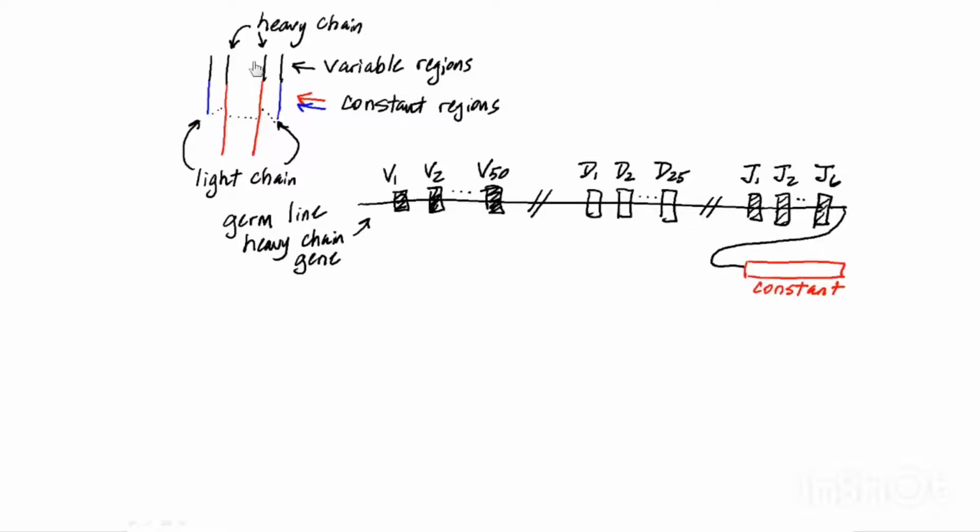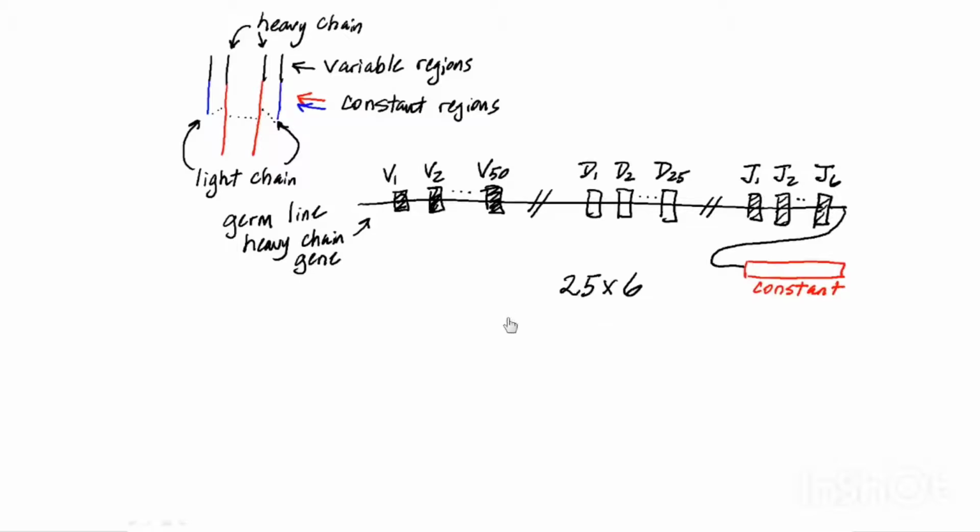So how many different variable regions can we get out of this single heavy chain gene? Well, for any one of the J regions, you can have 25 different D regions. But there are 6 J regions, each of which can go with 25 D regions. So you can get 25 times 6 D to J combinations.